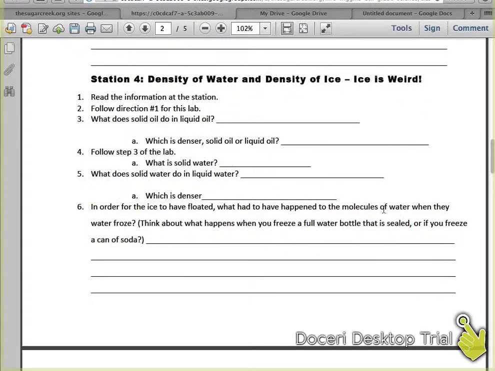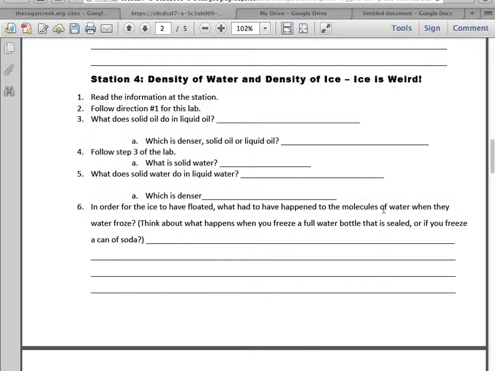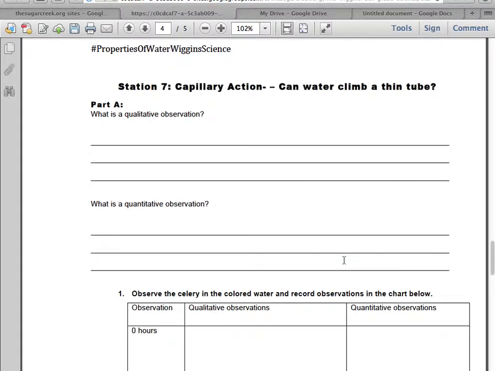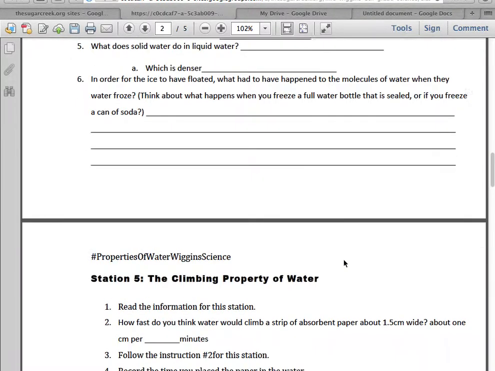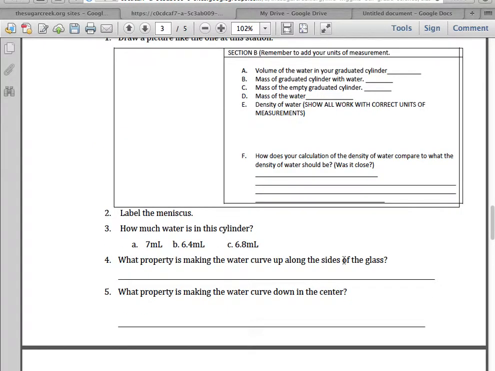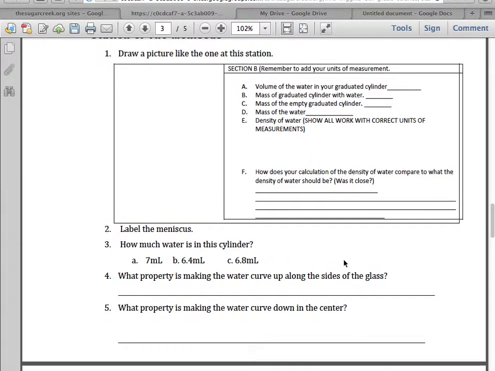Moving on. I want us to now go to section 6, station 6, section B. Here's where I noticed a lot of points were missing. Number 1 is because you weren't doing the work.